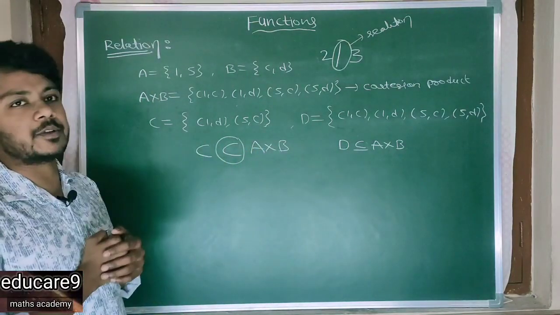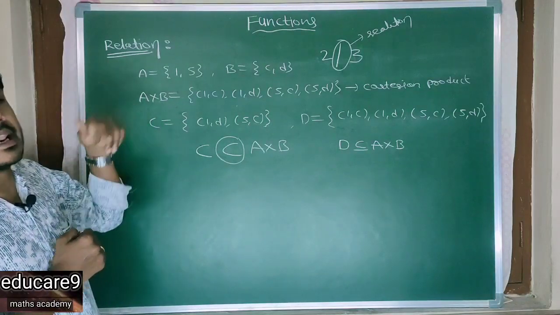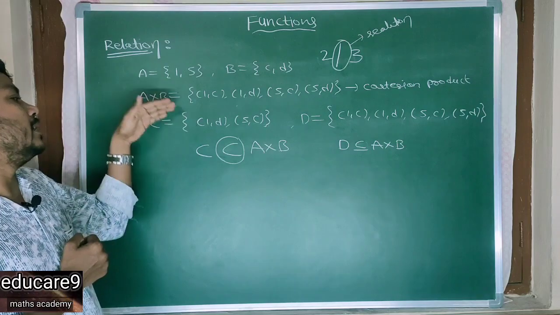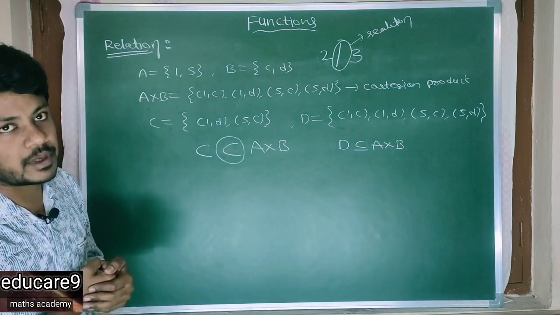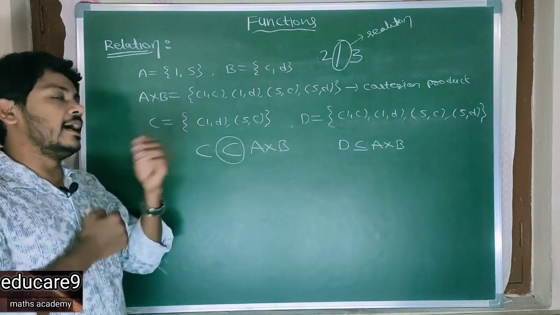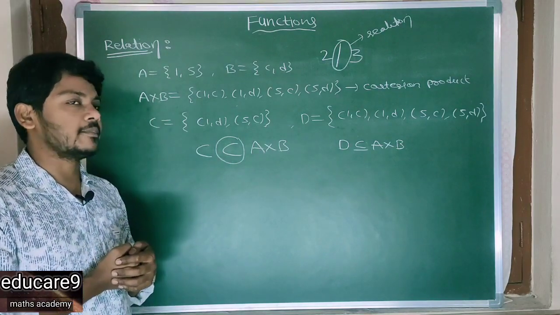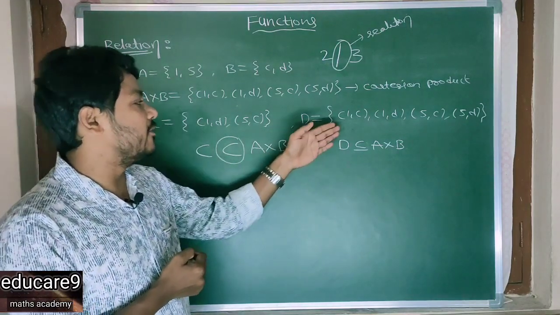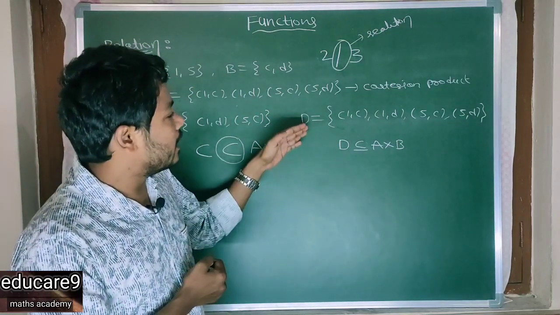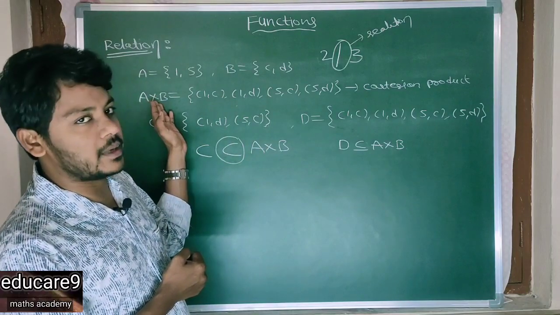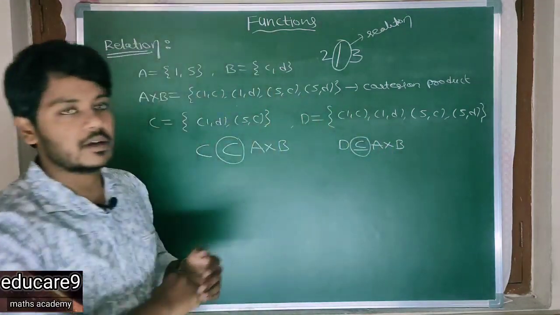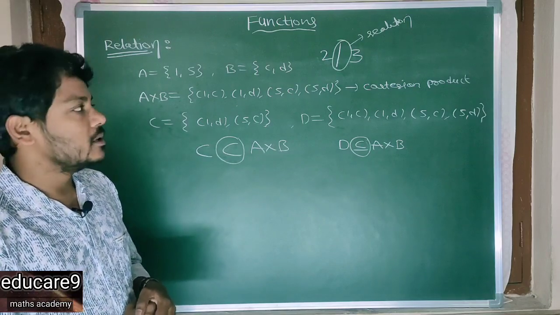In a proper subset, both sets are not equal, but every ordered pair in C is an ordered pair of A cross B. In that case, this is called a proper subset. But here, every ordered pair in D is an ordered pair of A cross B and D is equal to A cross B. So in that case, it is called a subset.